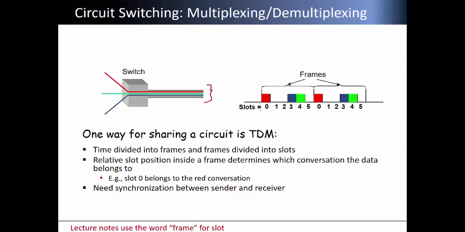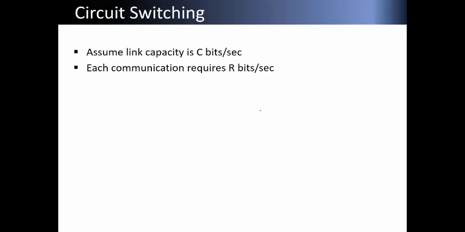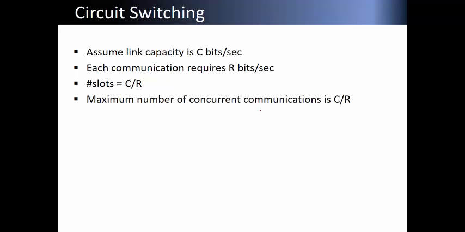Frame management over a circuit switching network. So, a circuit switching network assumes a link capacity C, and each communication requires R bits. The number of slots is C over R, because capacity is C and R is the unit communication.